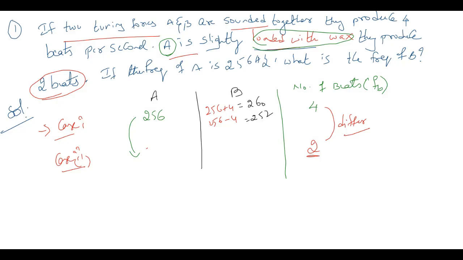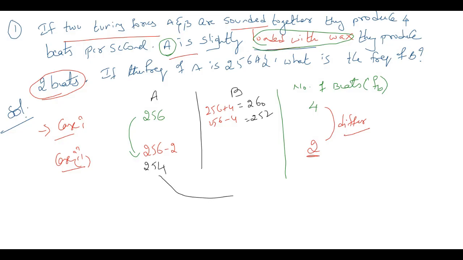Because B is not waxed. We waxed only A. The frequency will not change for B because we didn't do anything for B. This difference is created only by A. So this will be 256 minus 2, so the frequency of A will become 254.